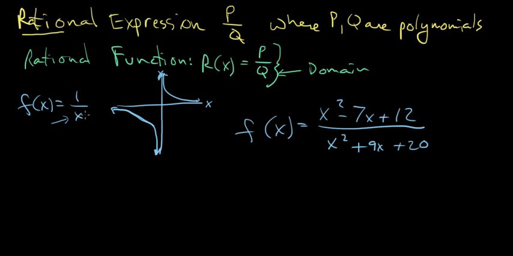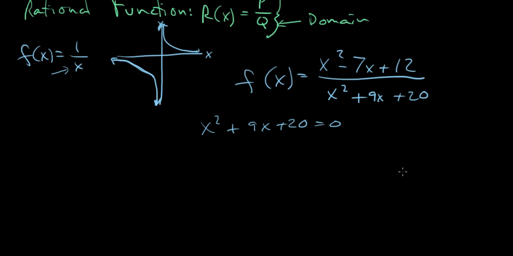Remember, the domain is all possible values for x. So here, x cannot be anything that makes x squared plus 9x plus 20 equal to 0. So let's just solve this quadratic equation here to find out what our domain is.